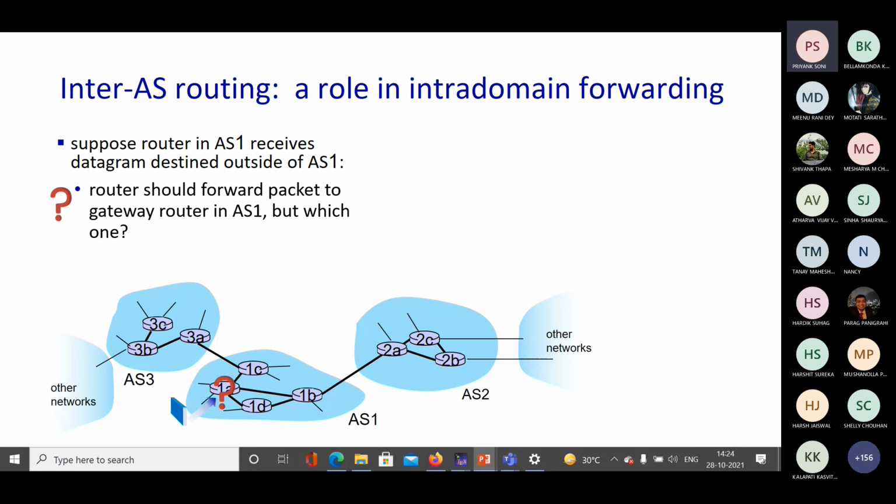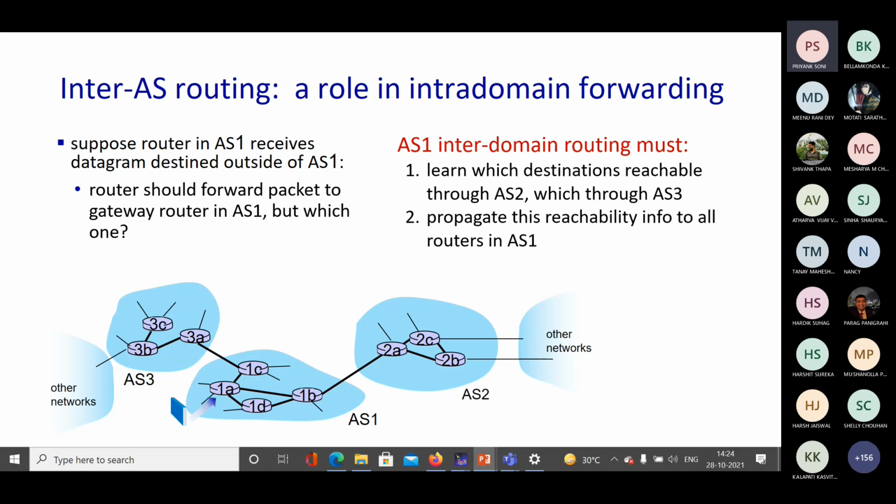Now 1A does not have any connection to any outside router, right? So it has to forward the packet to the gateway router of AS1. But which gateway router? There are two gateway routers here, 1C and 1B. To which gateway router should it forward the packet?